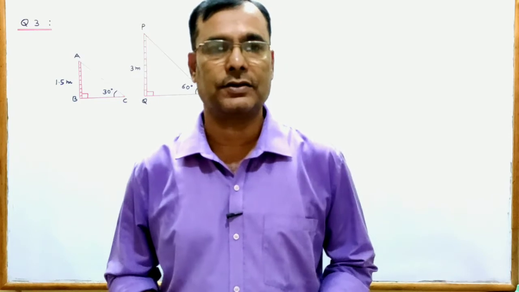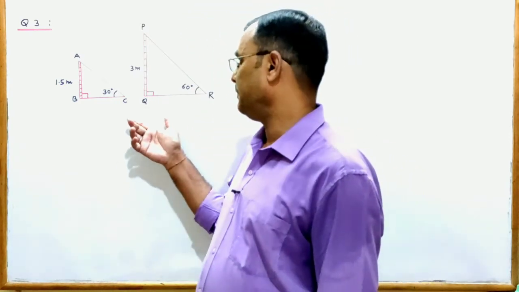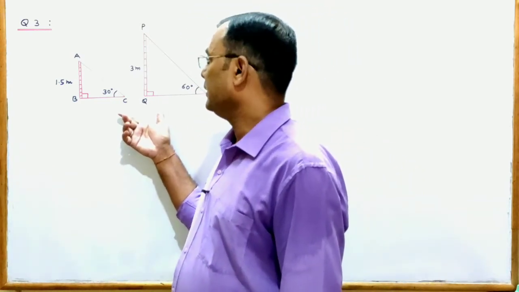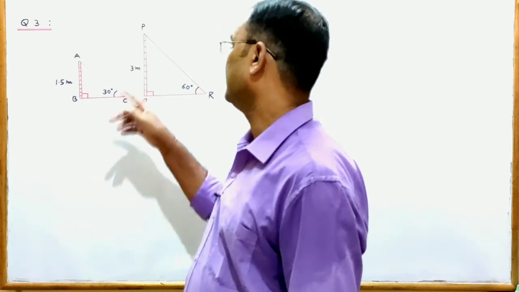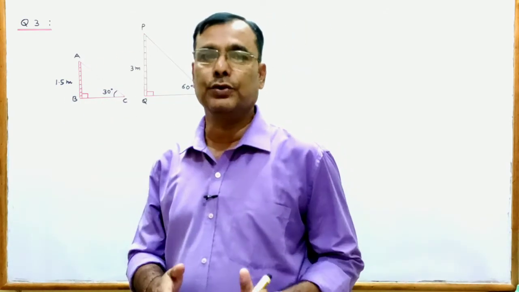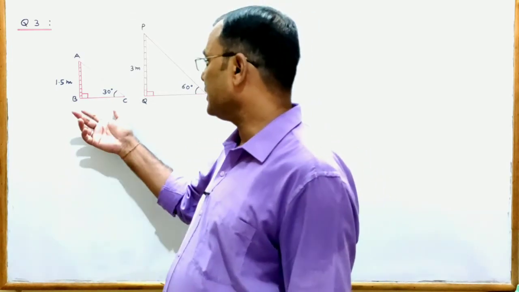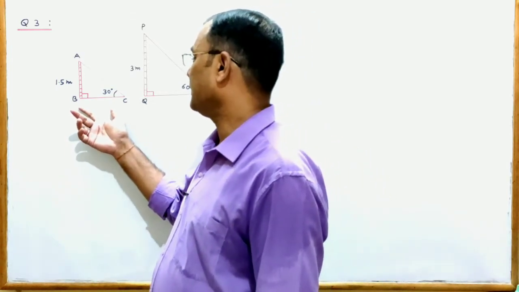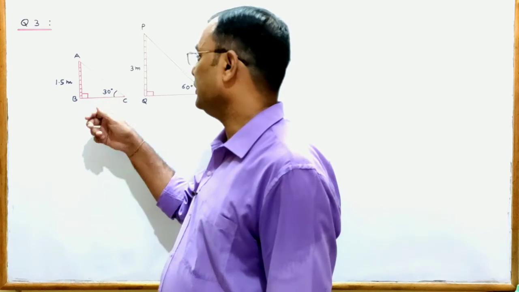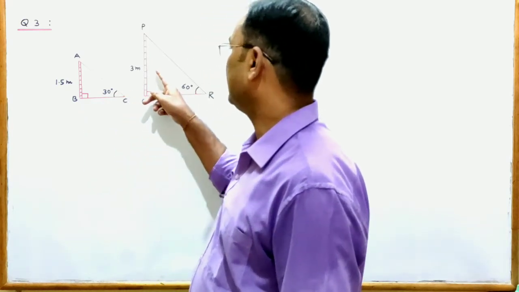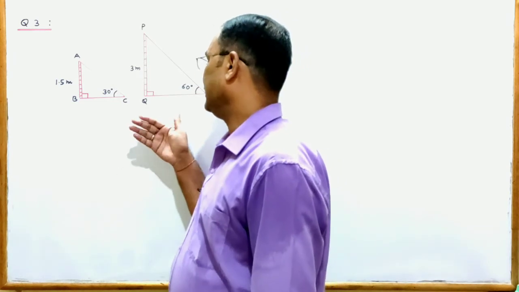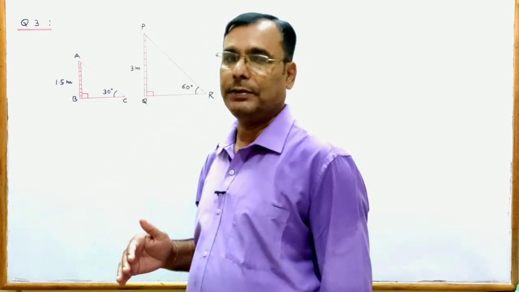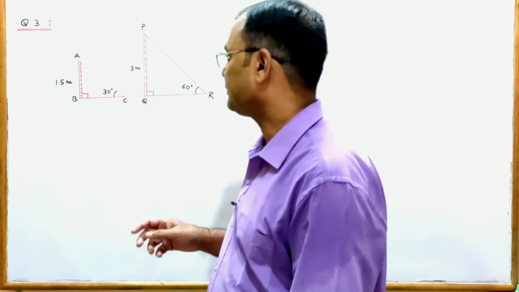In this question also we have drawn a figure. In this figure, ABC and PQR are representing 2 slides. ABC is slide for the children below the age of 5 years, and slide PQR is drawn for the elder children above the age of 5 years.